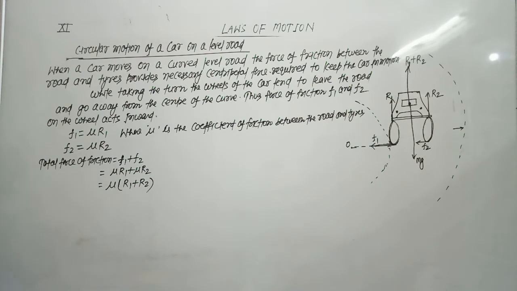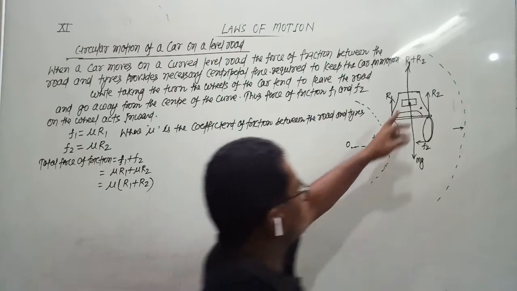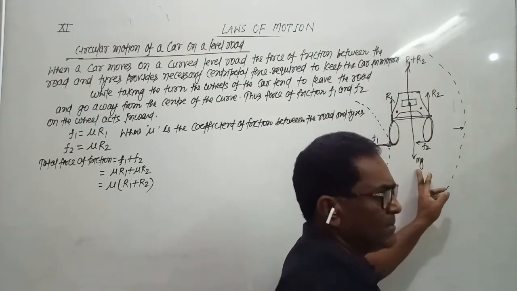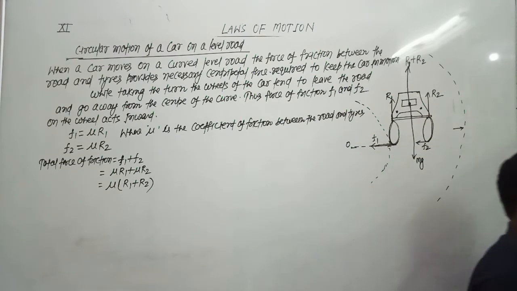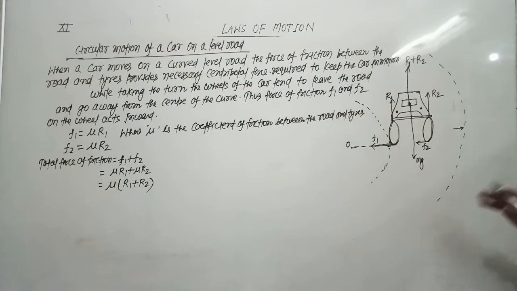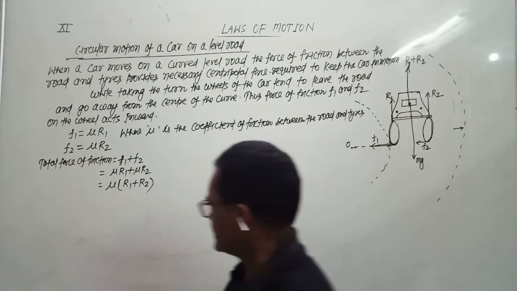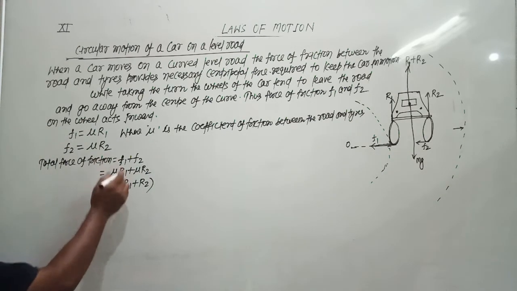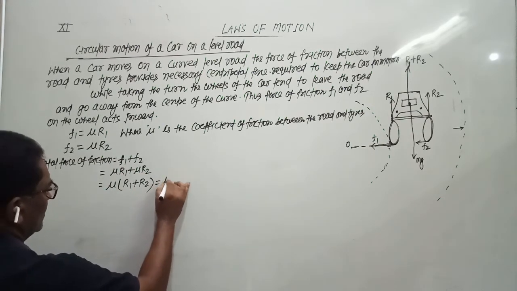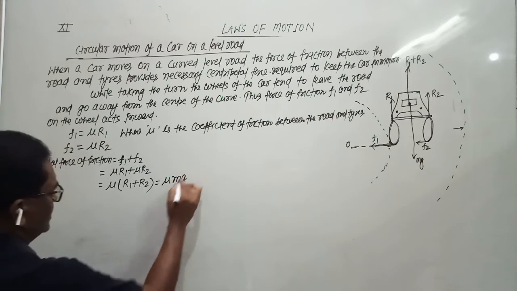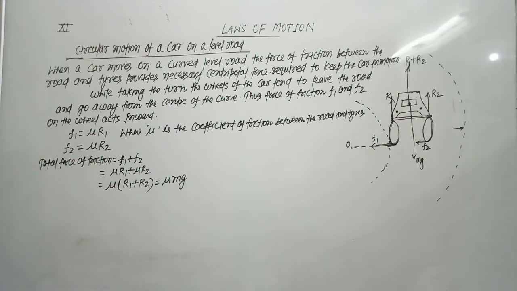R1 plus R2 equals mg, since the normal reactions act in the upward direction and mg acts in the downward direction. So the total force of friction F1 plus F2 equals mu into R1 plus R2, which equals mu into mg.